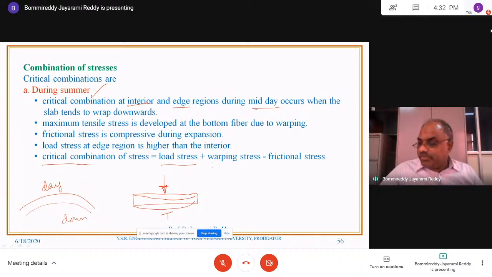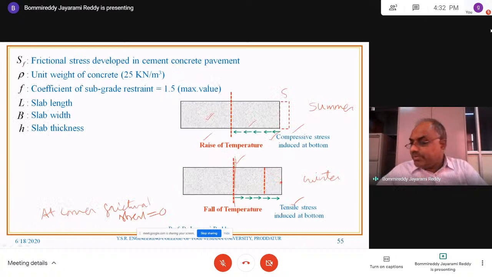And remember, warping stresses are in the same direction as the load stress in worst cases. And frictional stress is always opposite in direction. In the previous section, I told you that during the day when there is expansion, the nature of the stress is compressive.